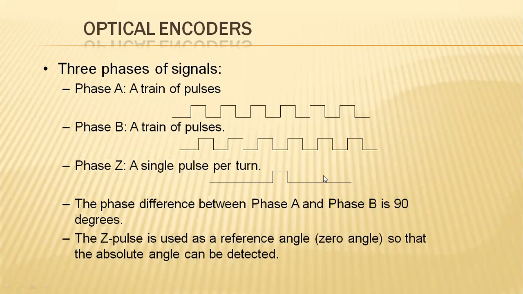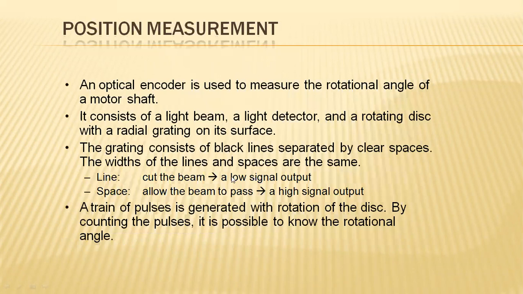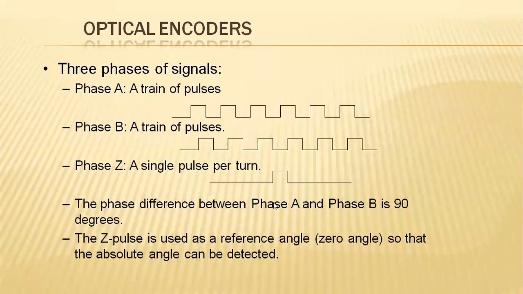If you see the diagram, it will be very clear. Only one hole will exist. After a complete rotation, the light rays will be allowed through again, so that will generate a single pulse per turn.